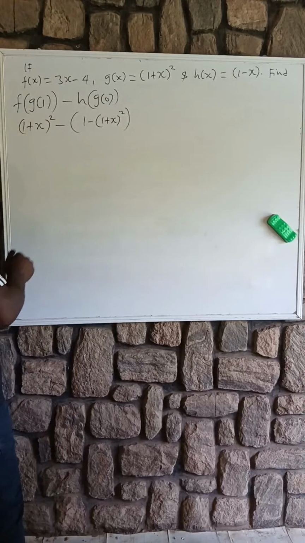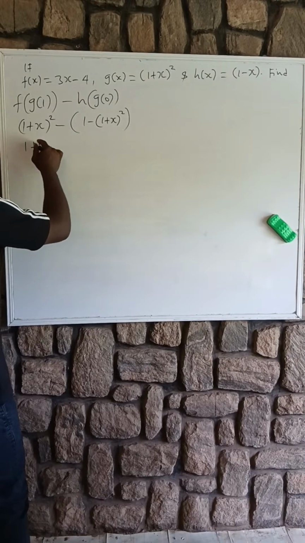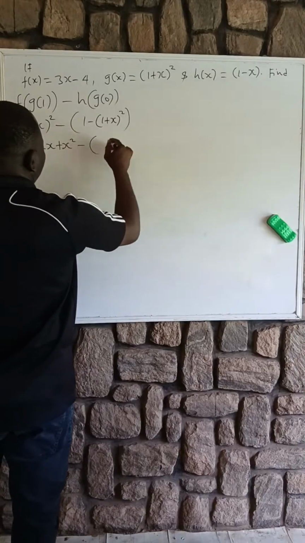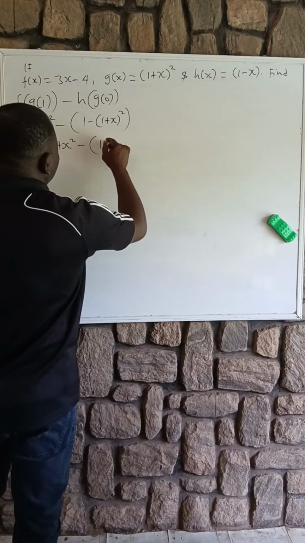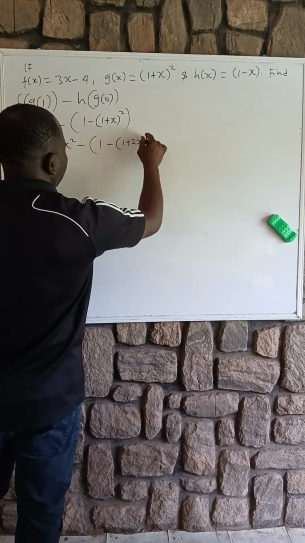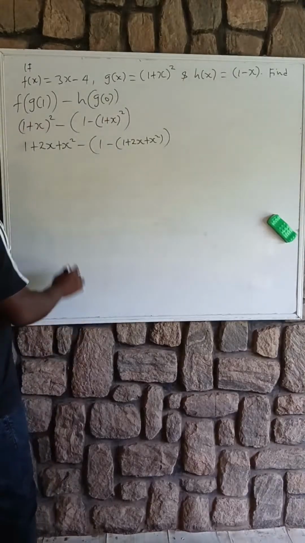So here we are going to have 1 plus, we've done it before, 2x plus x squared minus open bracket 1 minus 1 plus 2x plus x squared close bracket.